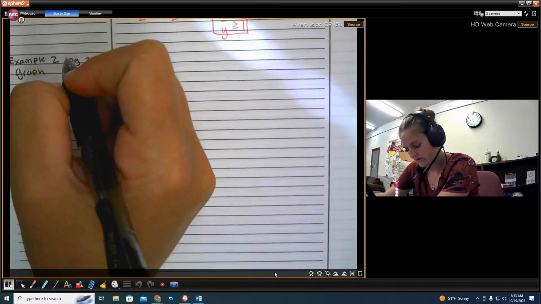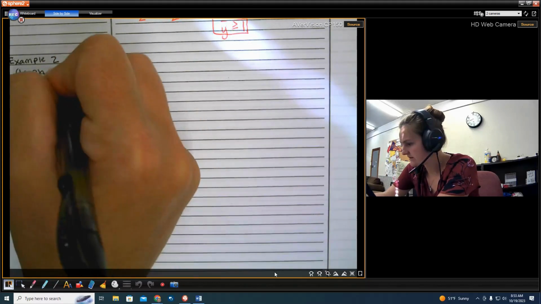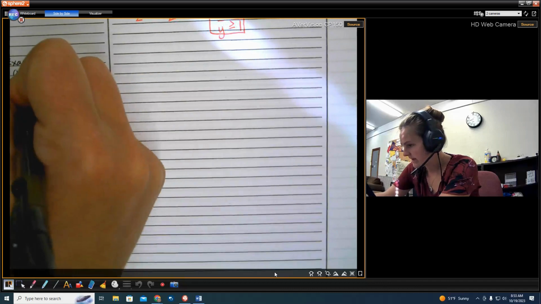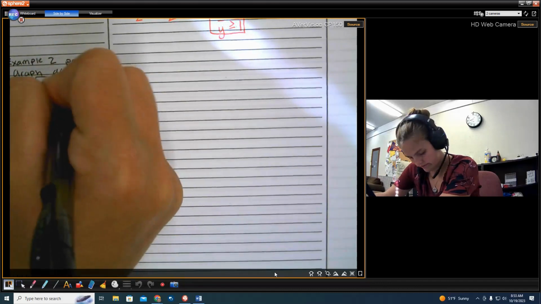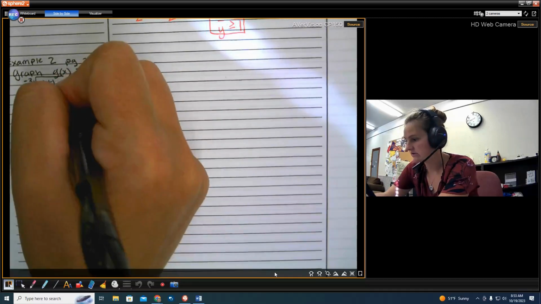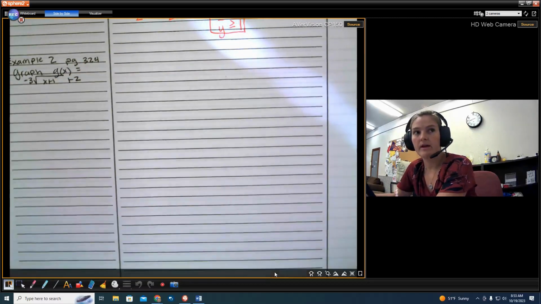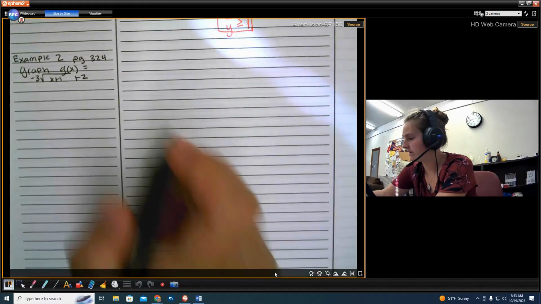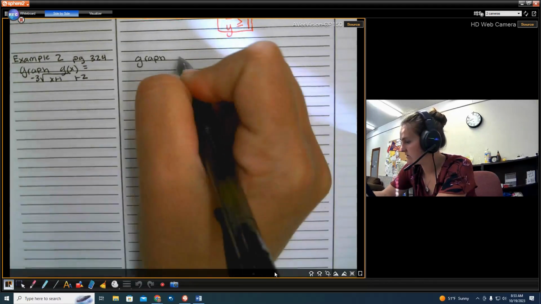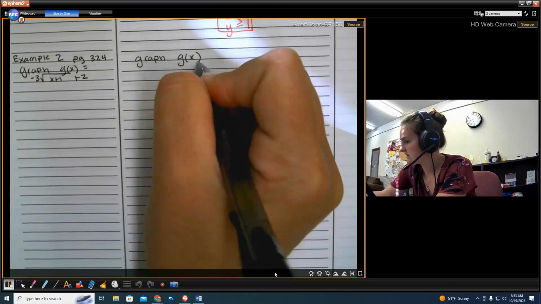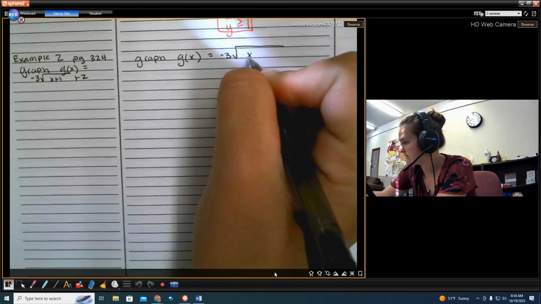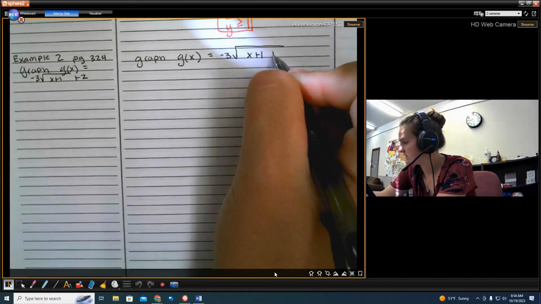So graph g of x equals -3 square root of x plus 1 plus 2. Okay, so we're going to write the same thing over here. Graph g of x equals -3 radical x plus 1 plus 2.